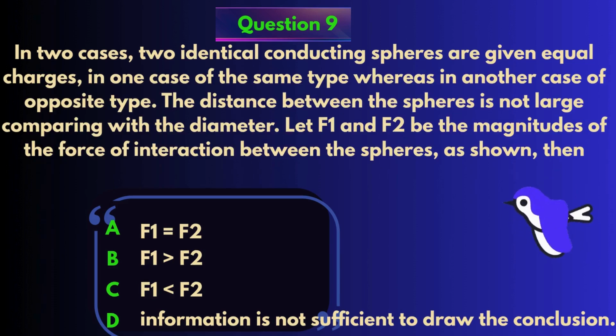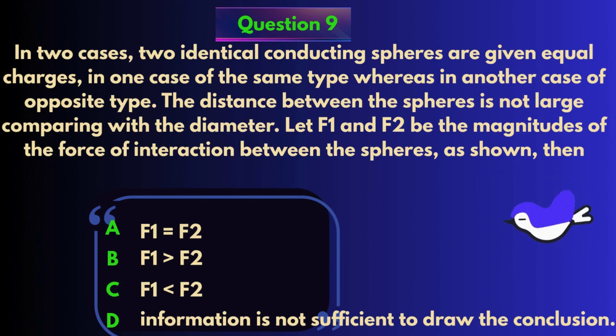Question 9. In two cases, two identical conducting spheres are given equal charges, in one case of the same type whereas in another case of opposite type. The distance between the spheres is not large compared with the diameter. Let F1 and F2 be the magnitudes of the force of interaction between the spheres, then Choice A, F1 equals F2.